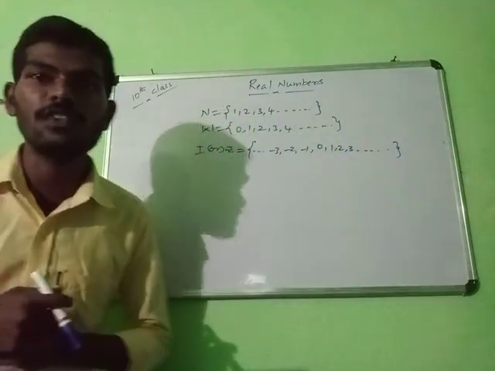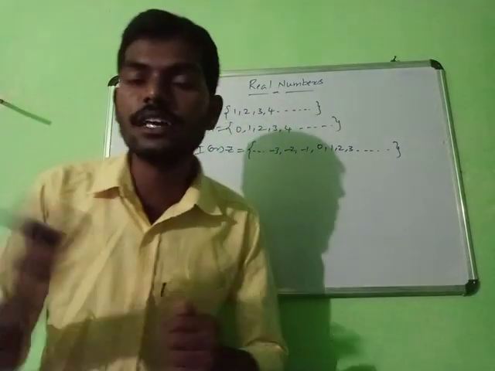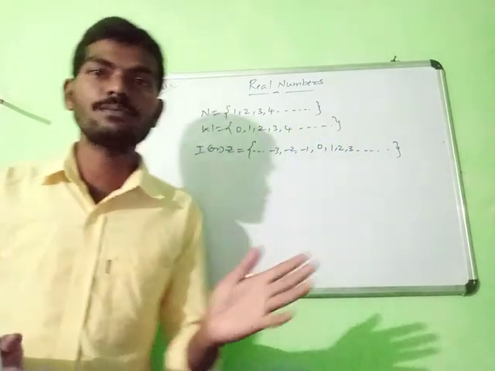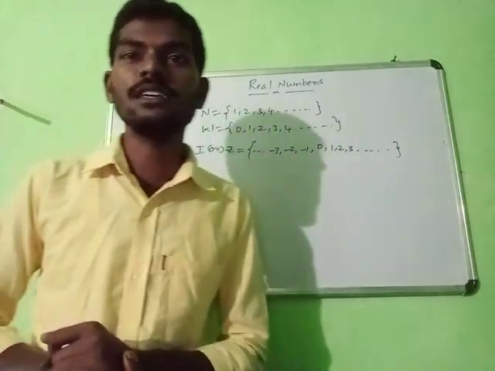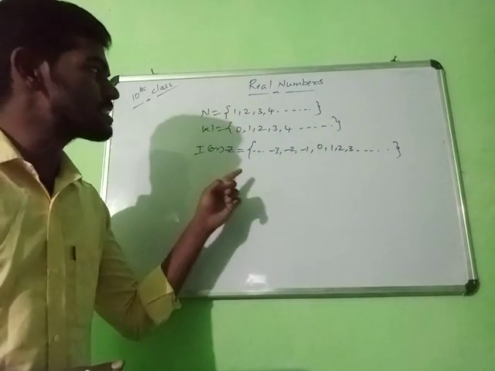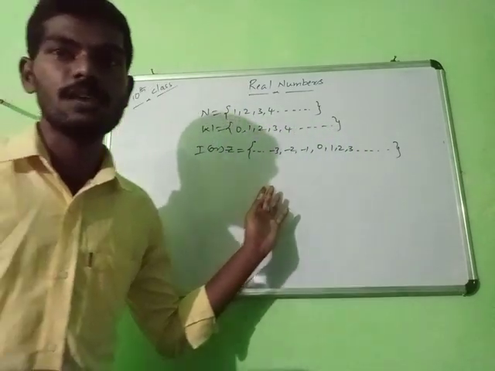Now you already know what a number line is. On the number line, the right side of 0 is always positive integers and the left side of 0 is always negative integers. In I or Z, minus 3, minus 2, minus 1 and so on will come.